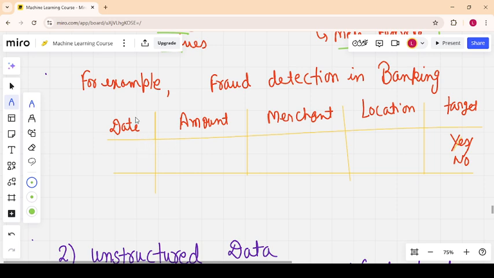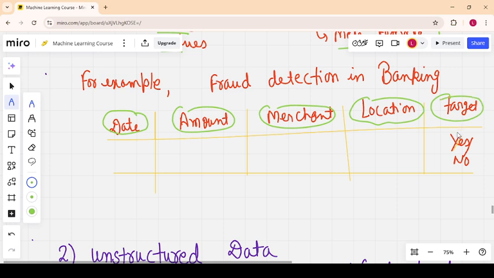So we have a date feature, an amount, a merchant, as well as the location from where the transaction occurs, and this is the target variable where we will write yes or no: yes, it is a fraud example, no, it is not a fraud example. So we will write here training examples, the date, the amount as well as merchant and location. Similarly, we will do for the second example.